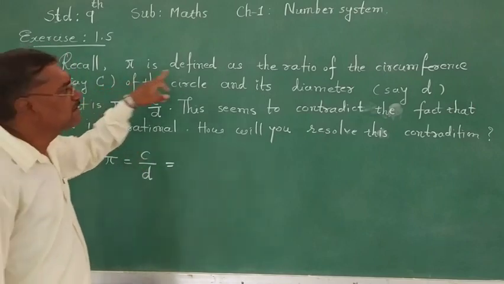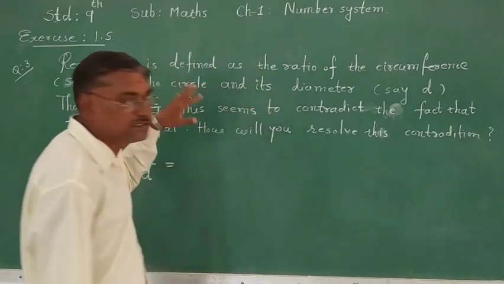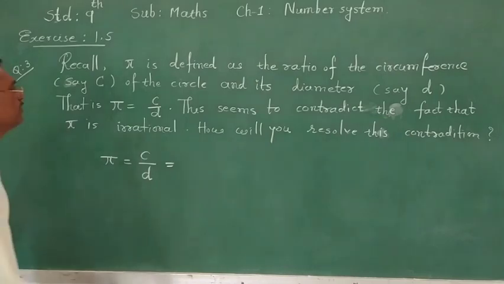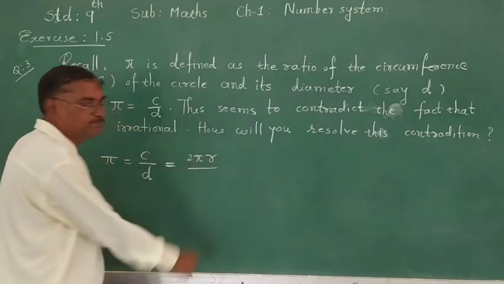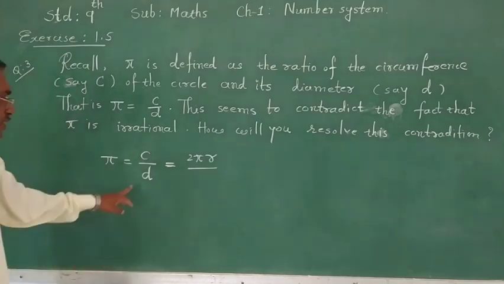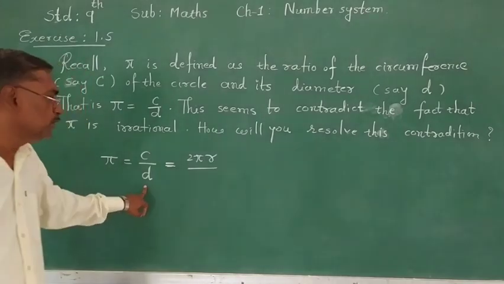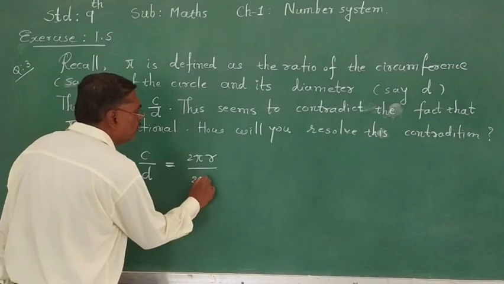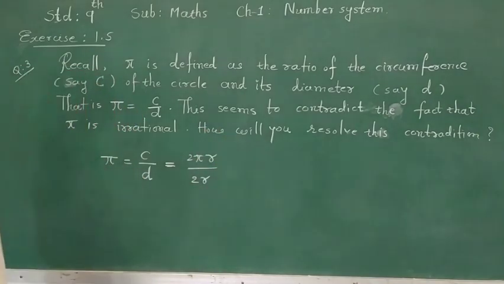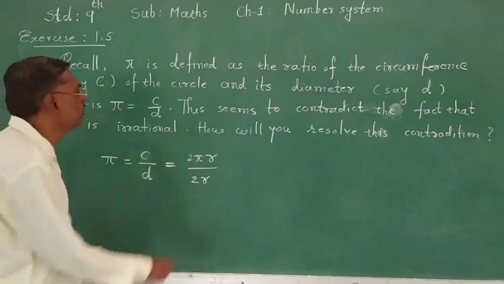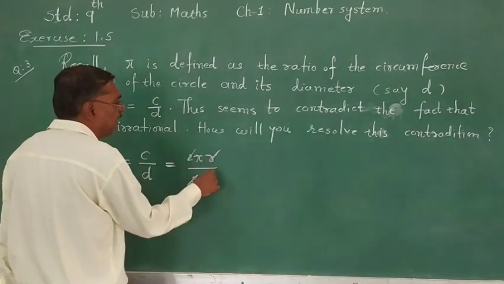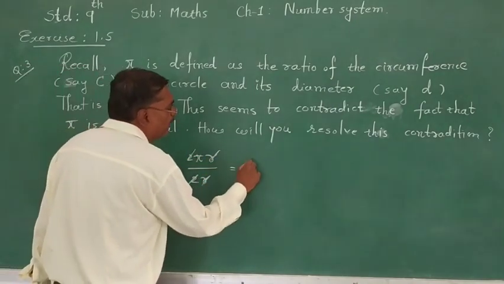C is the circumference of the circle. Circumference of the circle equals 2 pi r and diameter of the circle equals 2r. Now we can see in the numerator and denominator, 2 will be cancelled, r will be cancelled, and we will obtain pi.